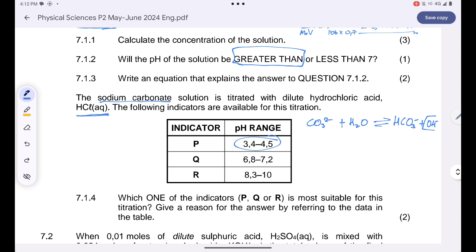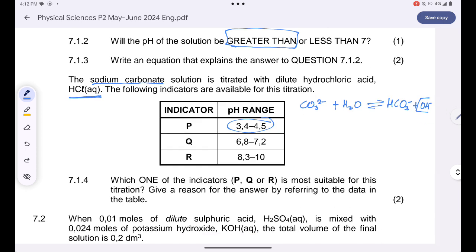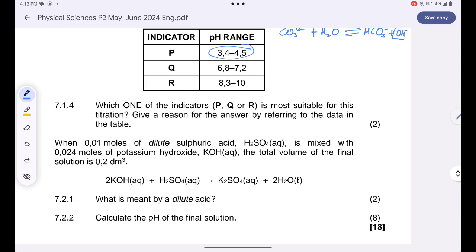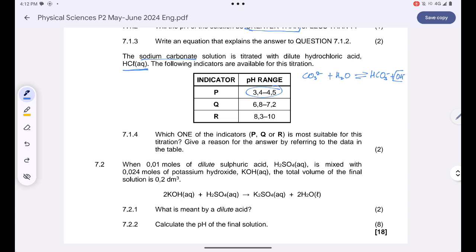Because the solution will be acidic since you are mixing a strong acid and a weak base. Which one of the indicators, P, Q, or R, is most suitable for the titration? We just answered that. It's indicator P, because you are mixing a weak base and a strong acid.